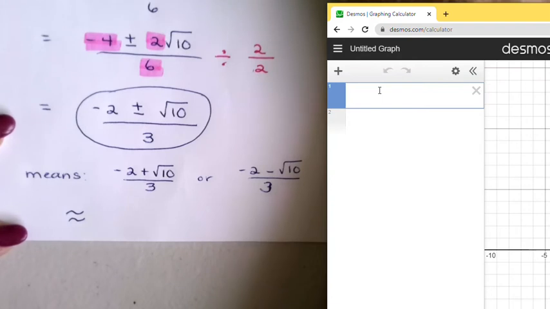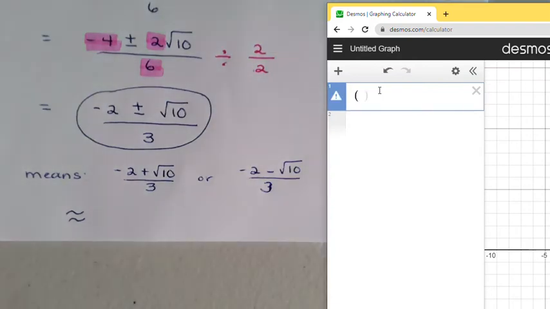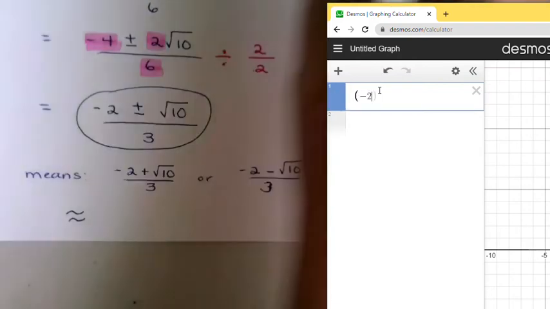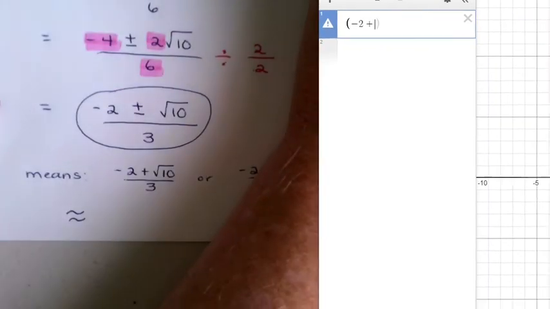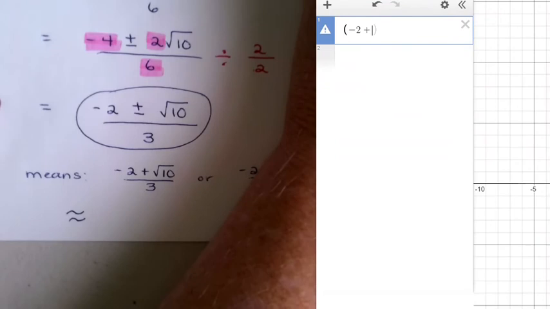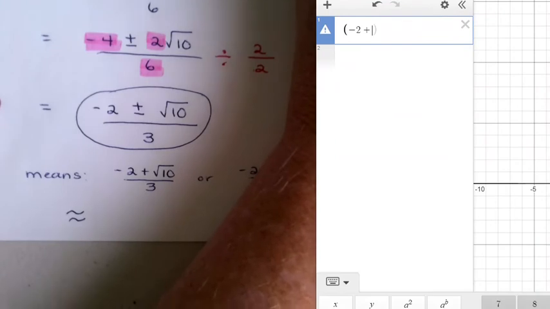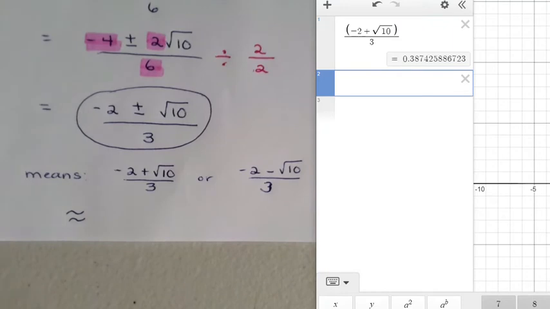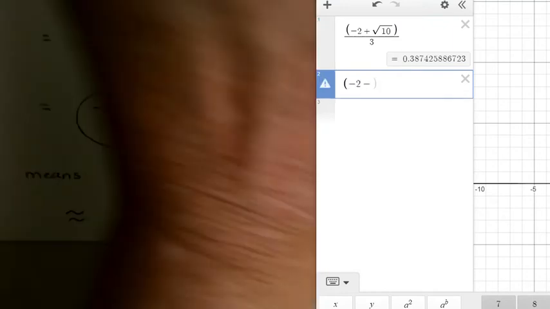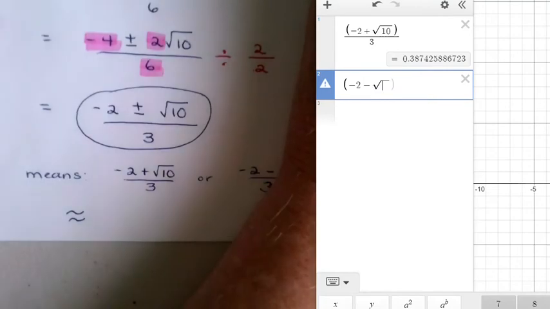So I could have -2 plus, gotta get my square root here, the square root of 10 divided by 3. And there's the decimal approximation for that. And then I could also have -2 subtract the square root of 10.